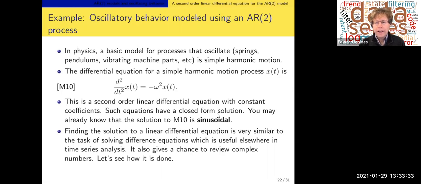So if you've taken a course in differential equations, then you'll maybe recognize that such equations have a closed form solution. You may even know how to solve it already. You may know that the solution is sinusoidal, it's sines and cosines.